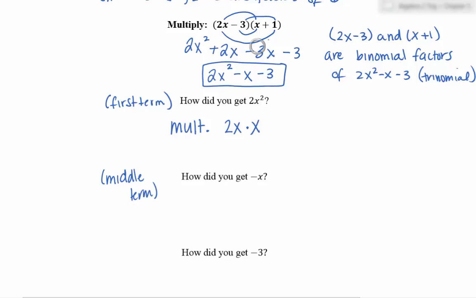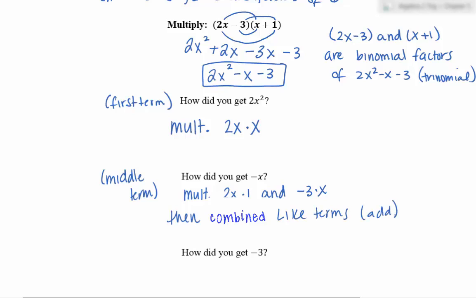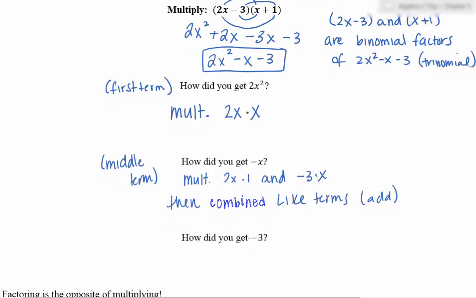Well, we multiplied 2x times 1, and then negative 3 times x, then combined like terms, which we just kind of added them together. And then what about that negative 3? Where did that negative 3 come from? I like to call that our last term. Well, that came from this negative 3 times 1.